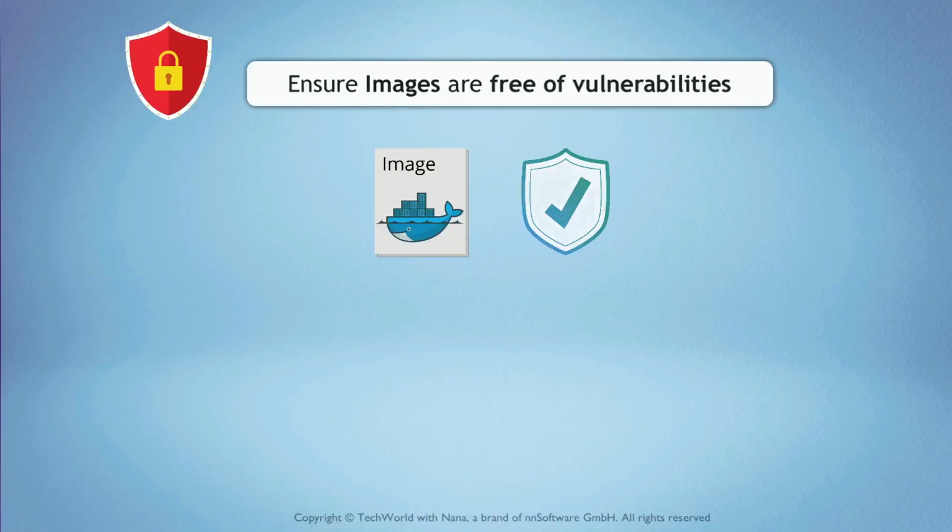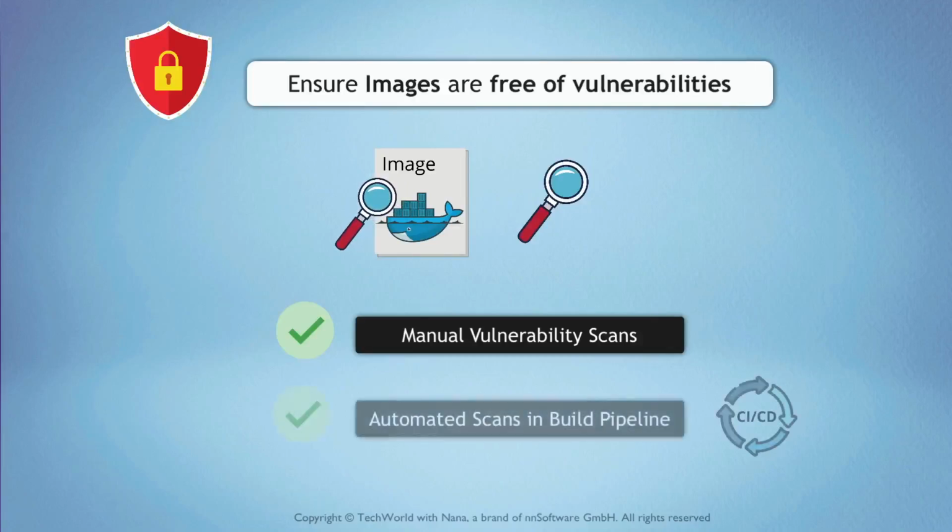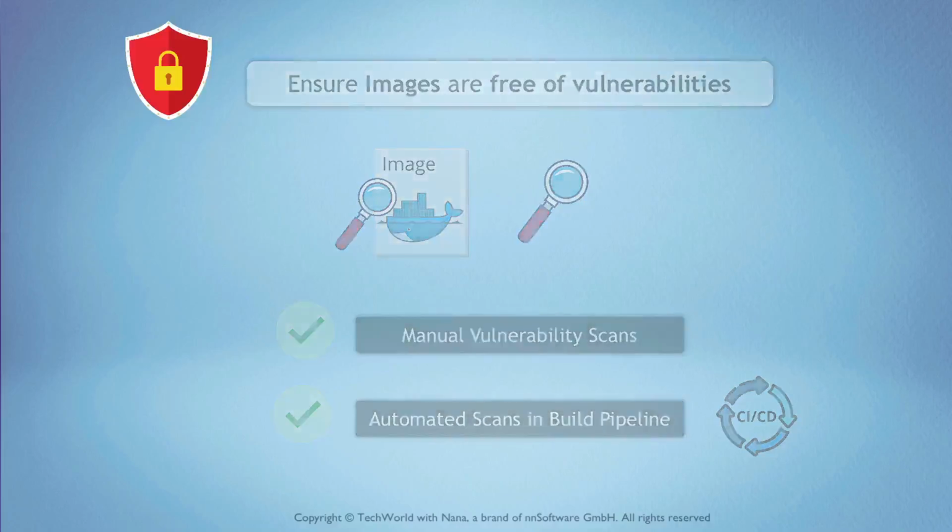And you can avoid this by doing vulnerability and security scans on images either manually or in a build pipeline. And the same way you can also scan third-party images that you are downloading from public repositories like Docker Hub, for example, to make sure that they don't create any security issues in your cluster. So checking the images for that is actually a best practice.